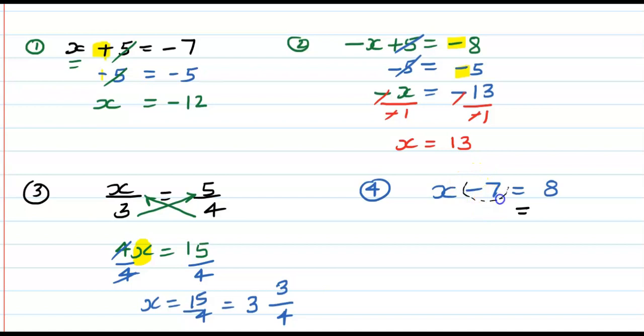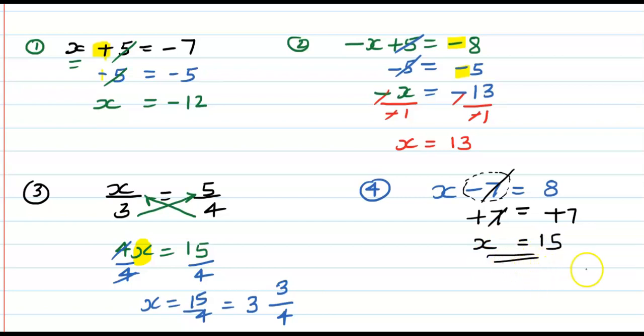It is minus 7. So you just do the opposite of that. The opposite of minus is plus. So instead of minus 7 you do plus 7 and plus 7 on both sides. So minus 7 and plus 7 cancel out. So we get x, and 8 plus 7 is 15.